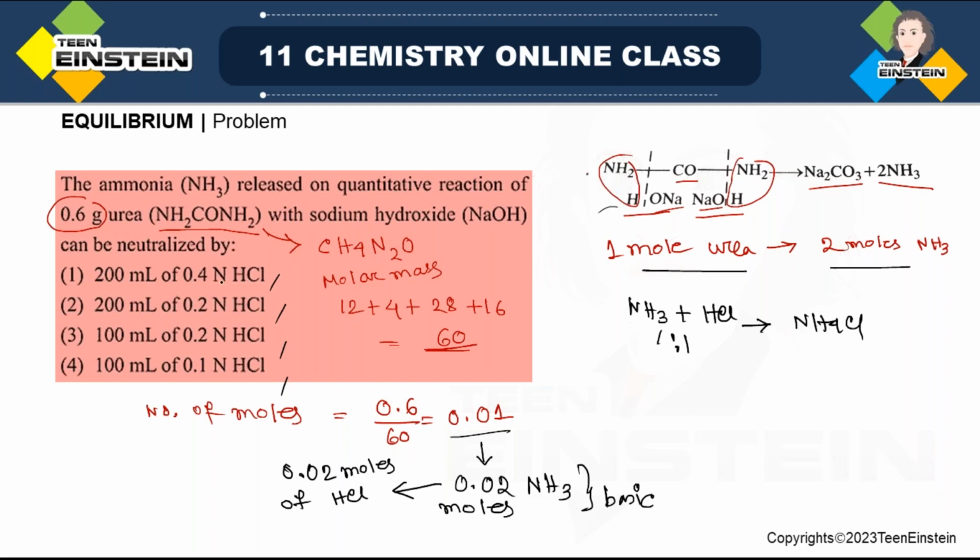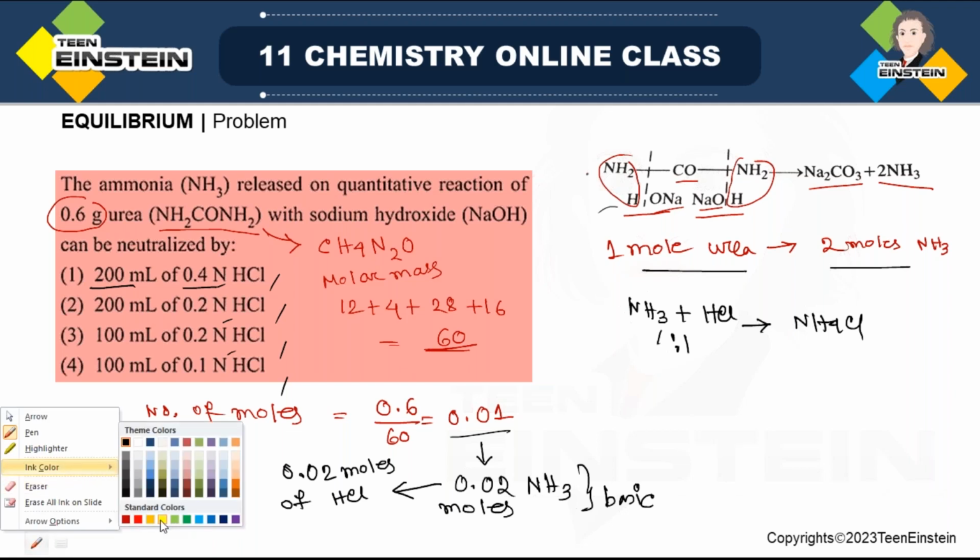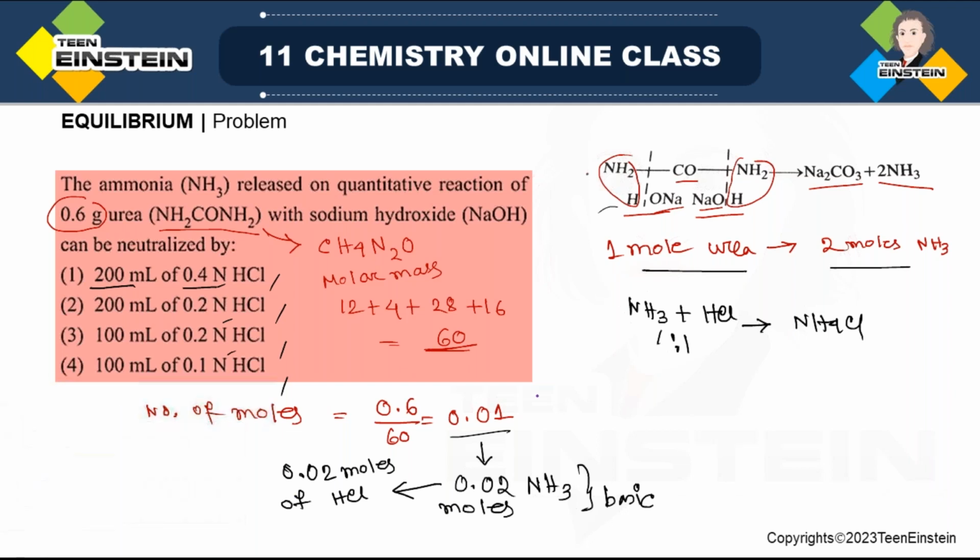Now here it is given in terms of normality and molarity; for HCl, it is the same. When you multiply the volume and the corresponding molarity, you get the number of millimoles. So for 200 into 0.4, I will say that you don't have to do the full calculation. 0.02 moles of HCl required.